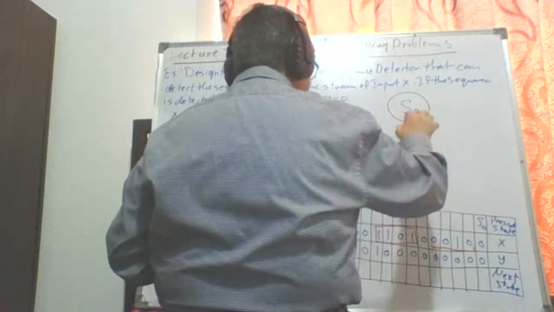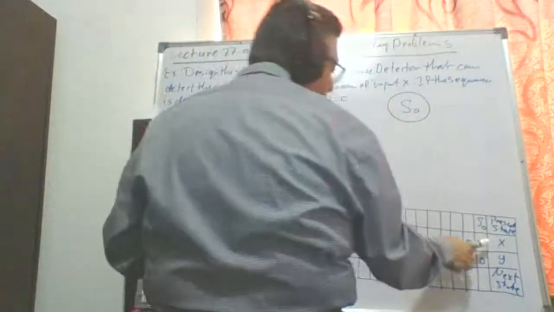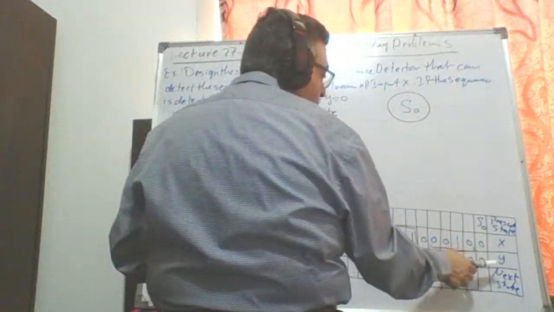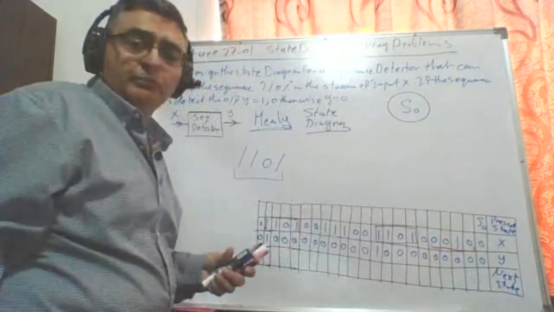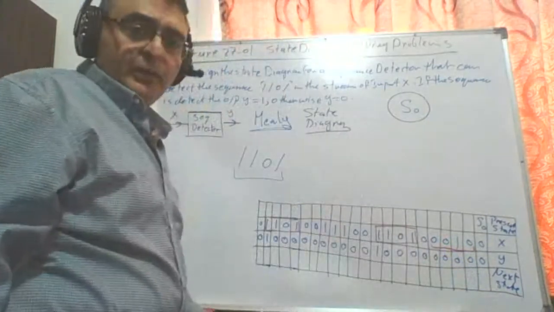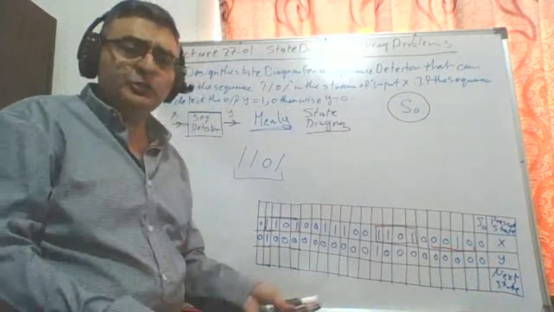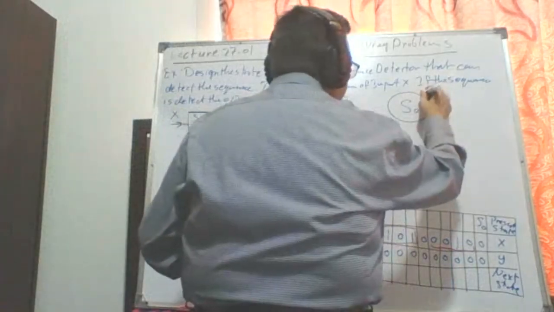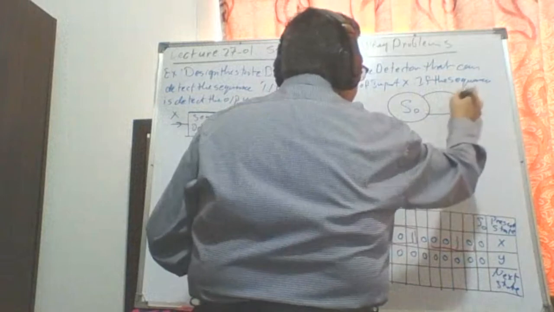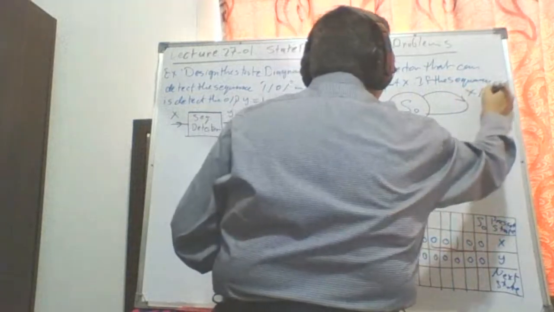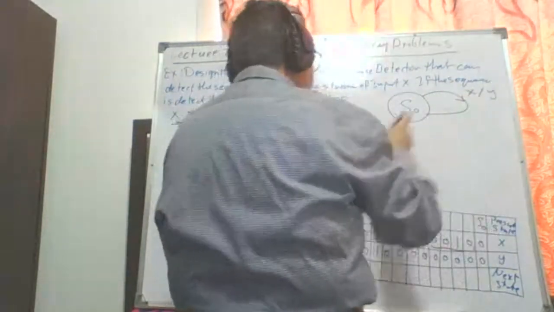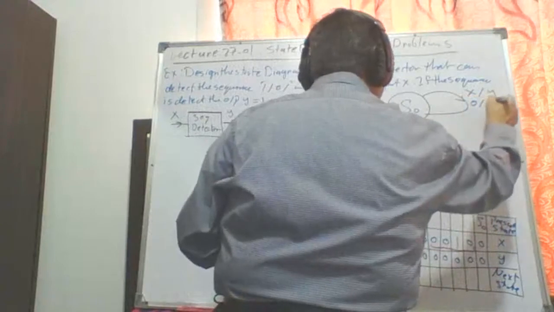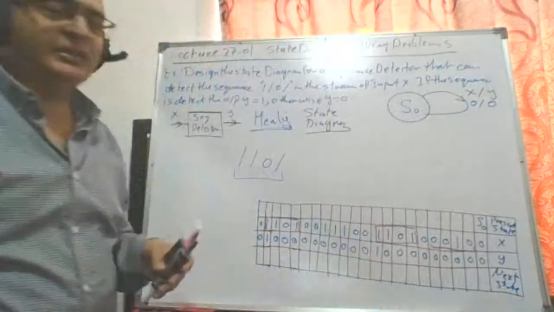Right. Now, I'm receiving x equals 0. Where should you expect to go? I know that the output is 0, but do you want to remember any history? The answer is no. So as long as I'm receiving x equals 0, y will remain 0, and I will stay in my state.